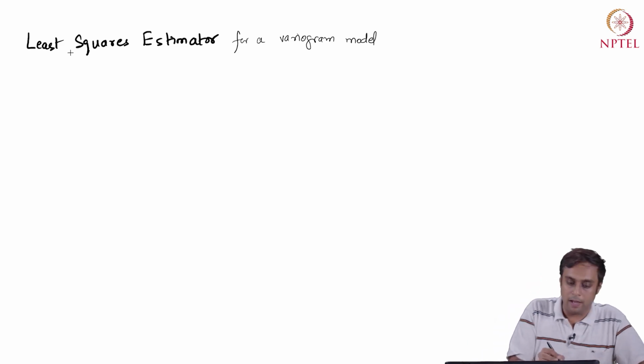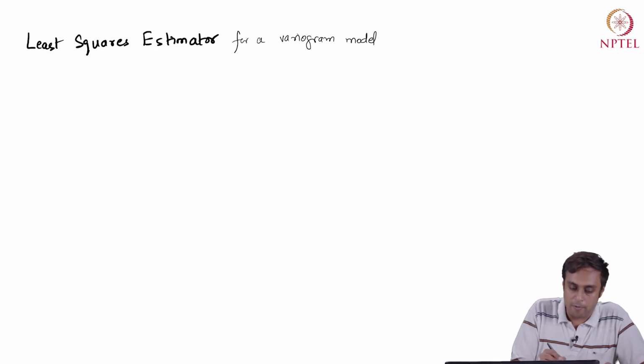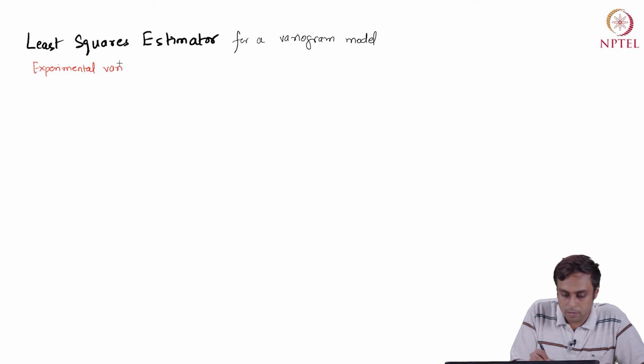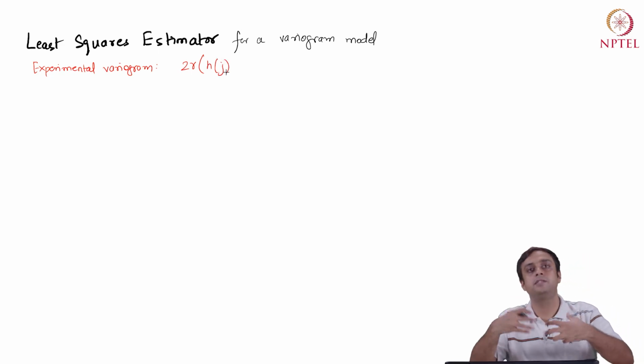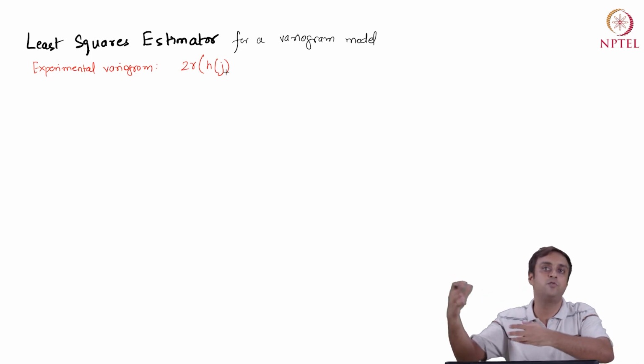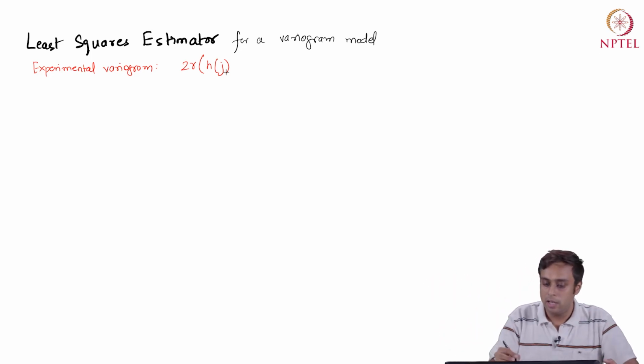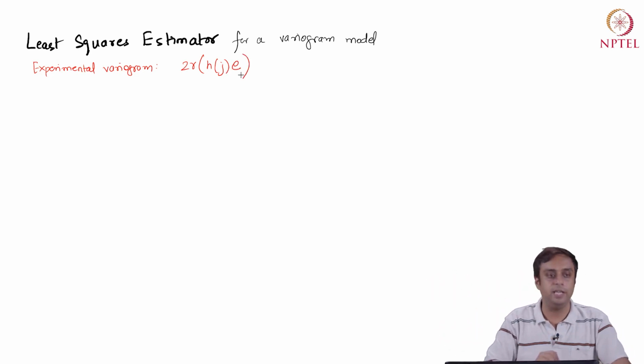Okay. Now, as we move forward, remember we started with experimental variograms. What were experimental variograms? Well, it is just 2 gamma h j. So, the h j means h1, h2, h3, h4, so different lag values in a given direction e.